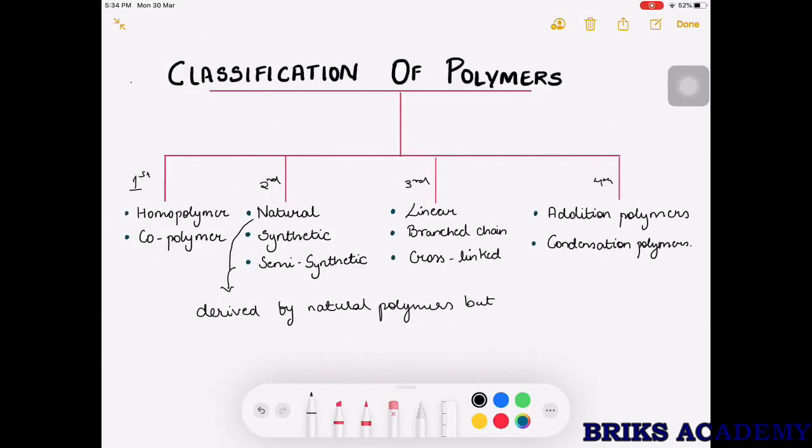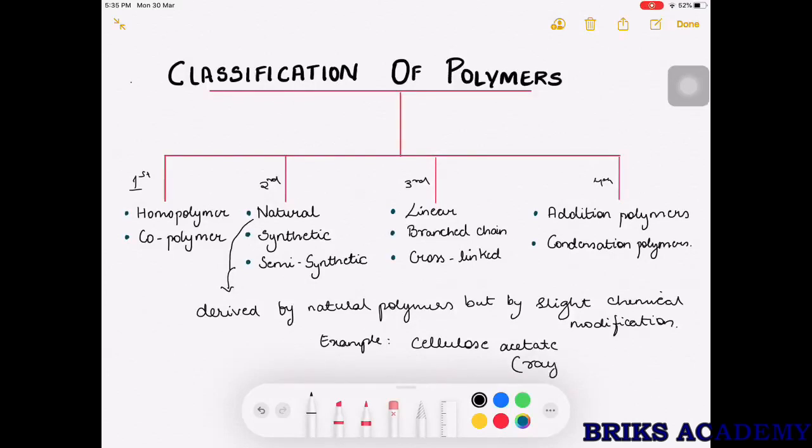That is, when you take a natural polymer and modify it by a slight chemical modification, you would produce a semi-synthetic polymer. For example, a classical example of semi-synthetic polymers is cellulose acetate, which is also called rayon.